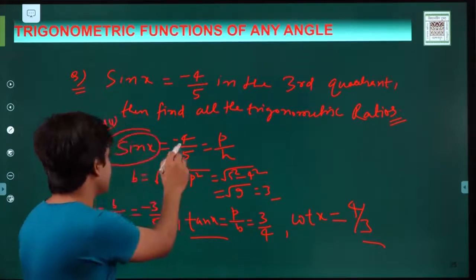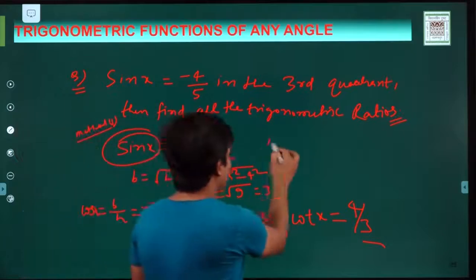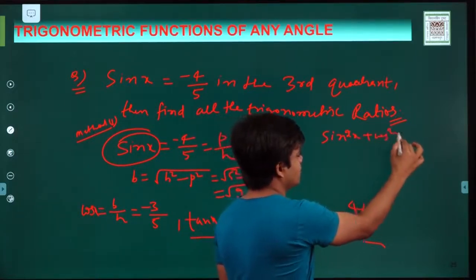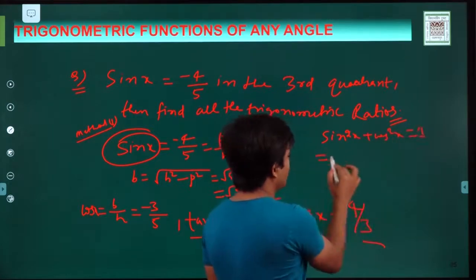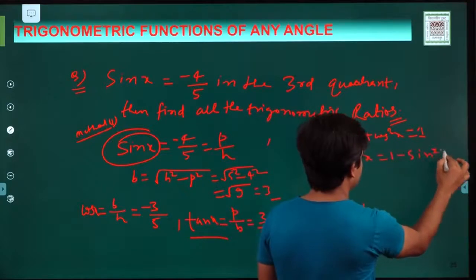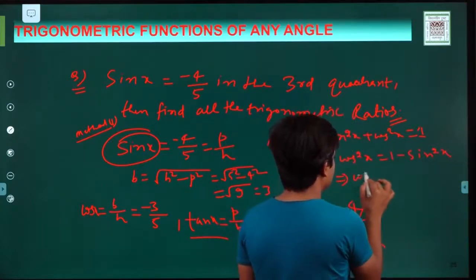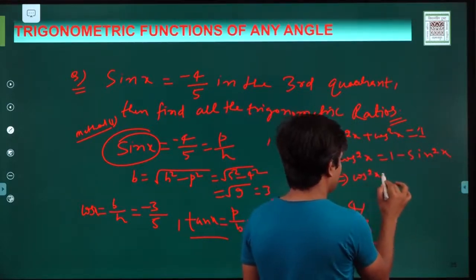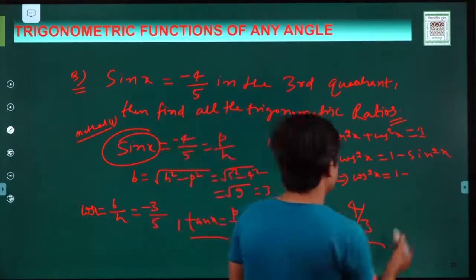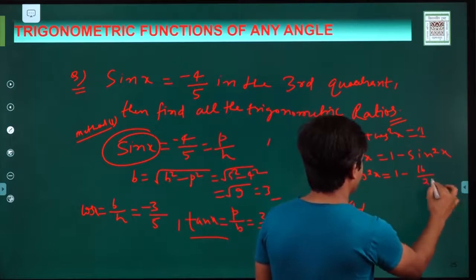All right, another way was what? If your sin x is minus 4 by 5, and you know this formula, sin square x plus cos square x is equal to 1. So from here you can find cos square x is equal to 1 minus sin square x. So certainly cos square x will be equal to 1 minus 16 by 25. The same thing will happen.